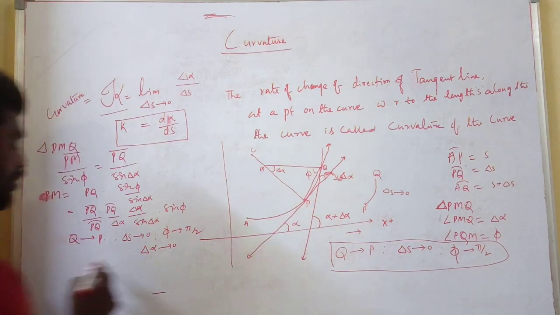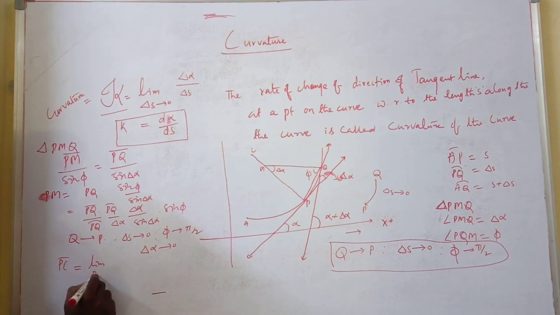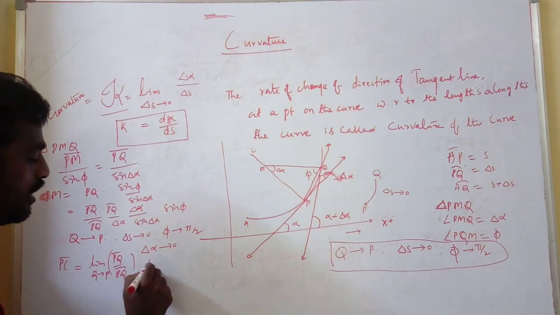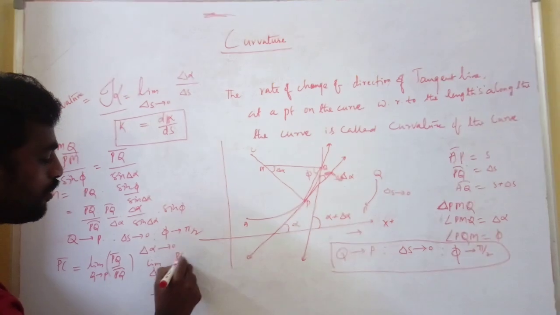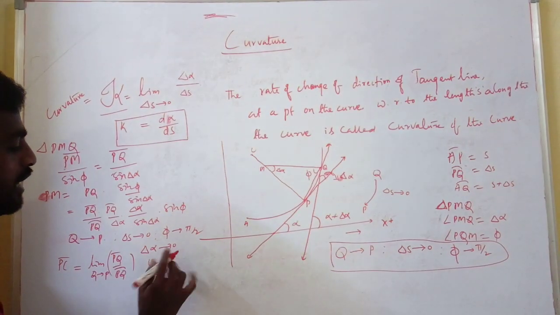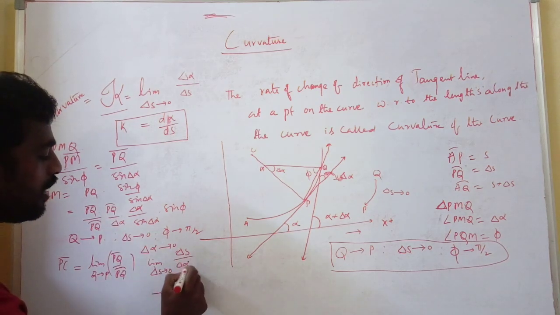Now PC is equal to limit Q tends to P of PQ line segment by PQ arc. Next, the second term is limit delta S tends to 0, PQ arc length is delta S by delta alpha.